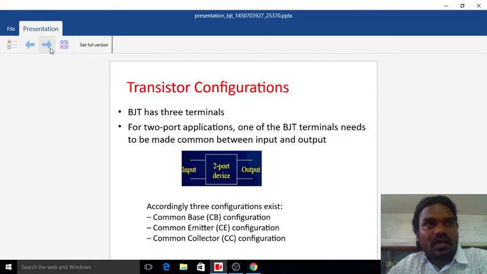In a two-port network, to give the input signal it requires two terminals, and to provide the output from the transistor it requires two more terminals. That means in total 4 terminals, 2 for accepting the input and 2 for delivering the output. But basically the transistor has only 3 terminals: emitter, base and collector.